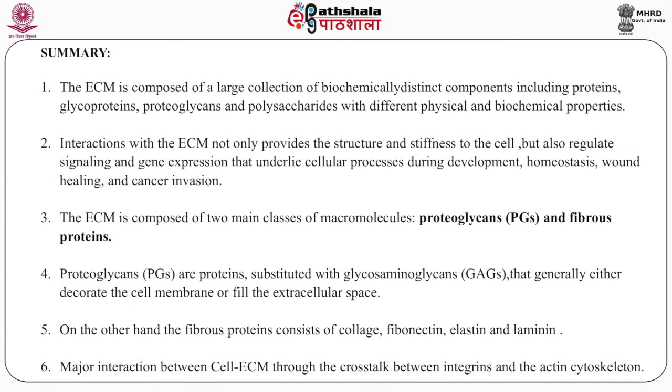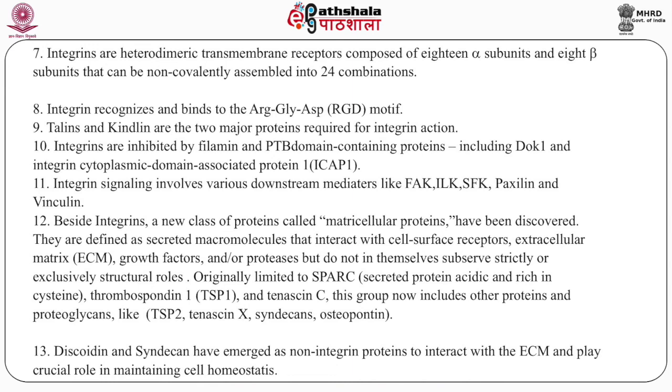Major interaction between cell and ECM takes place through the crosstalk between integrins and the actin cytoskeleton. Integrins are heterodimeric transmembrane receptors composed of various alpha and beta subunits that can be non-covalently assembled into 24 combinations.